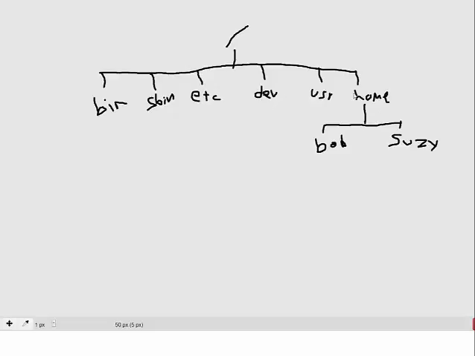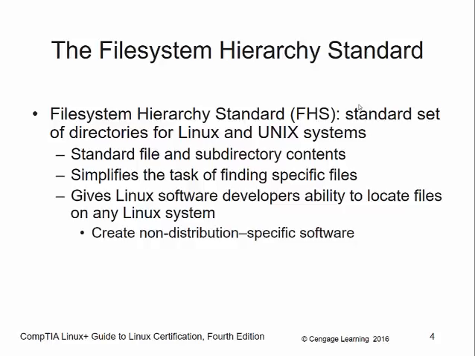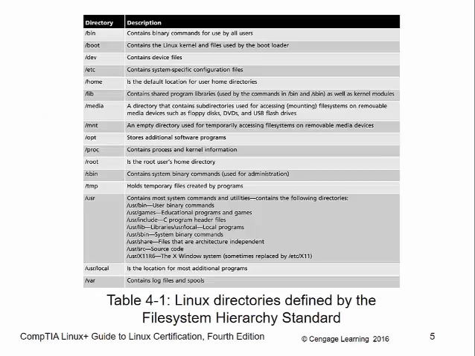bin, sbin, etc, usr, which stands for Unix System Resources, and our home folders. These high-level folders have specific functions. Even though there's going to be some difference between distros as to what some of these folders are, most of these are common to all Unix distributions, proprietary Unix and Linux alike.